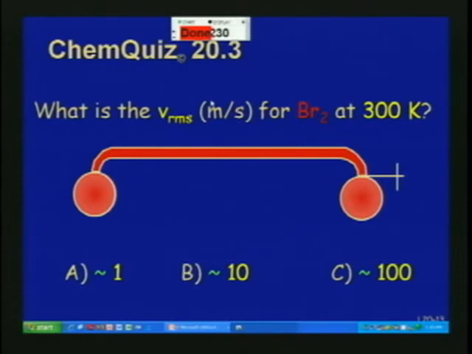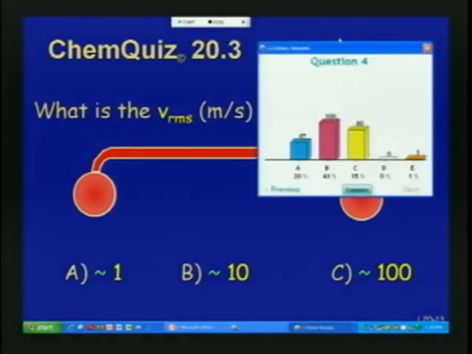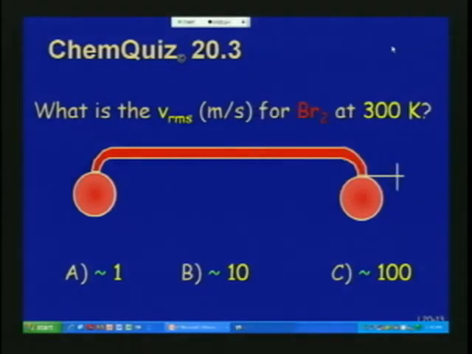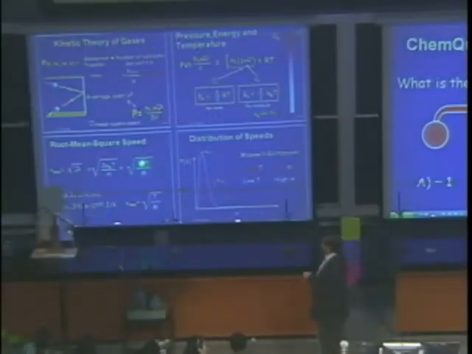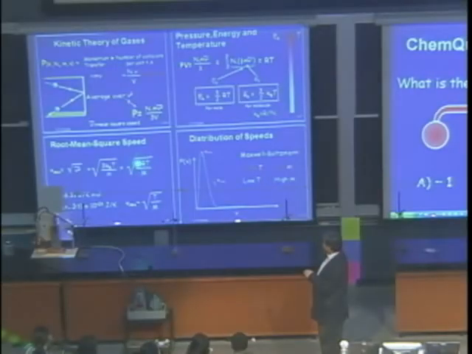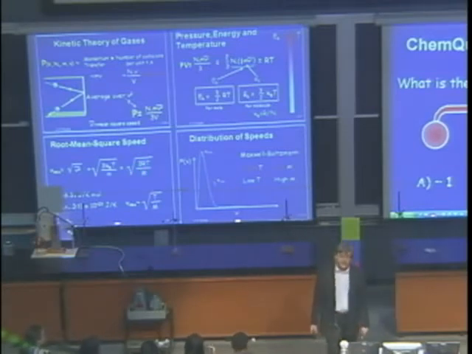Okay, let's have a look at this. Well, that's to be expected. It's not an easy question. So we know, obviously, this equation here, okay? So you have R is about 8, isn't it? And T is 300. And 3, this is 3. What's M? M you have to put in kilograms.